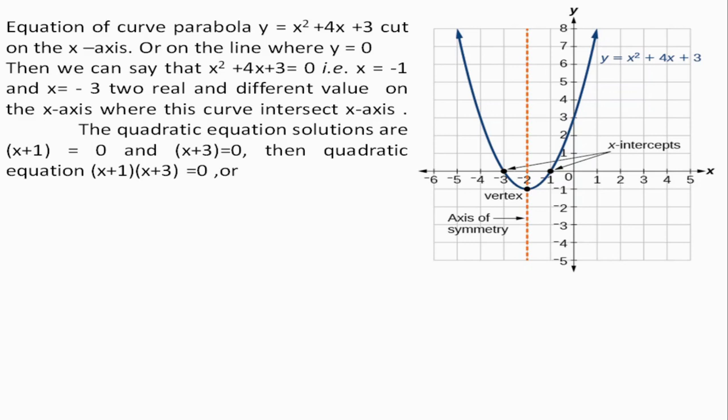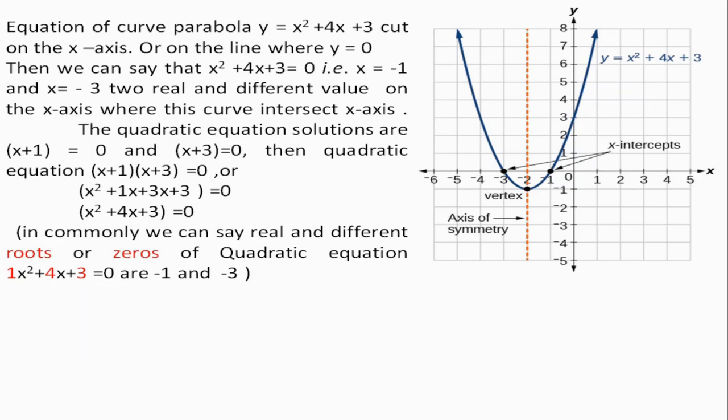Since x plus 1 equal to 0 gives x equal to -1, and x plus 3 equal to 0 gives x equal to -3. And if we multiply, it converts into the quadratic equation form x square plus 4x plus 3 equal to 0.